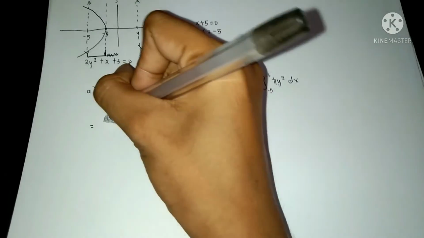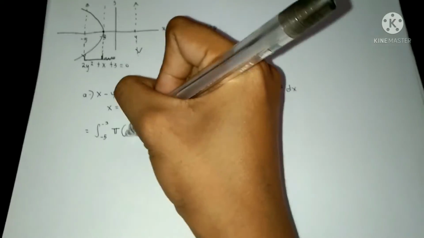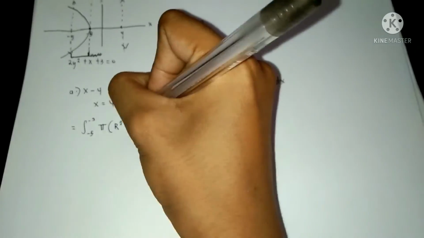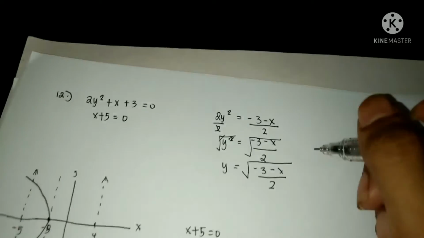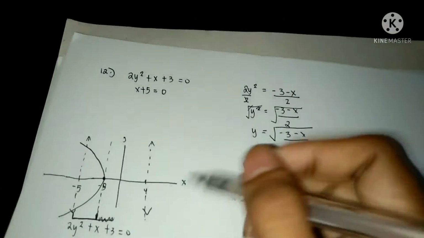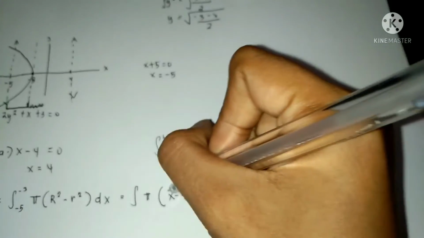Let's proceed to letter A. The integral of negative 5 to negative 3 pi big R squared minus small r squared dx is equal to the integral of pi. So, big R squared natin is itong x minus 4 minus r squared.